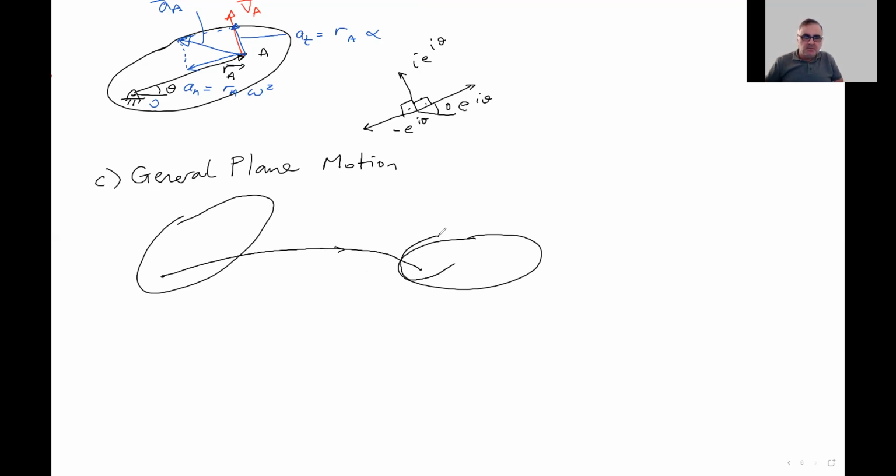Let me do it in another color. Let's suppose that you first translate this like this, supposedly, doesn't look like it, but then about this point you rotate it.